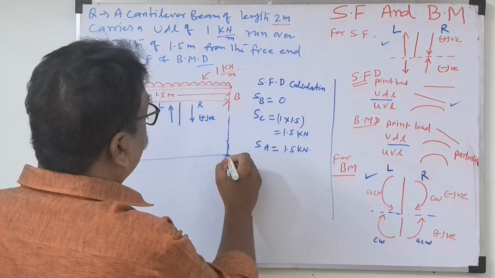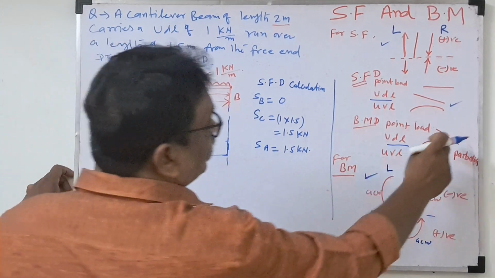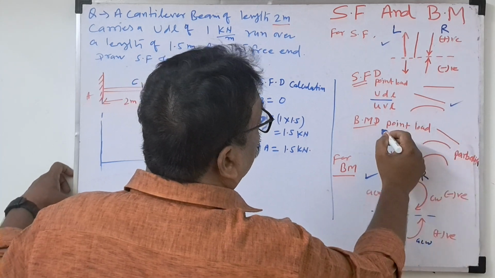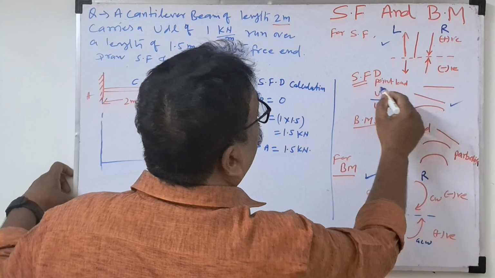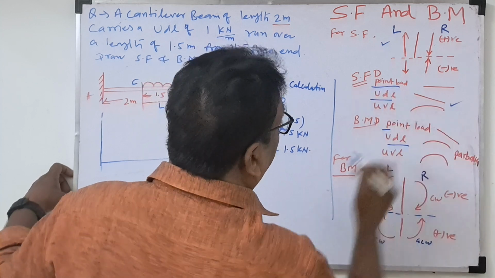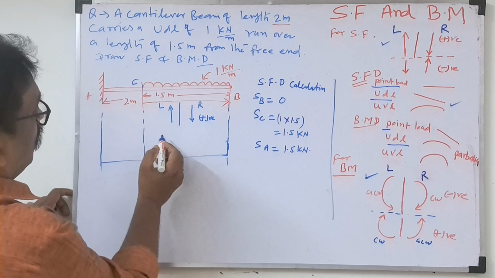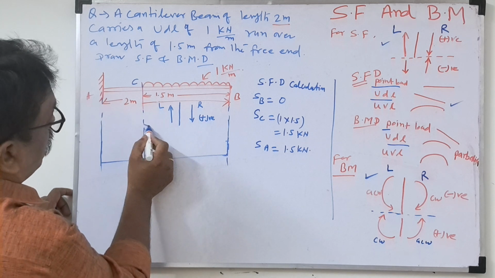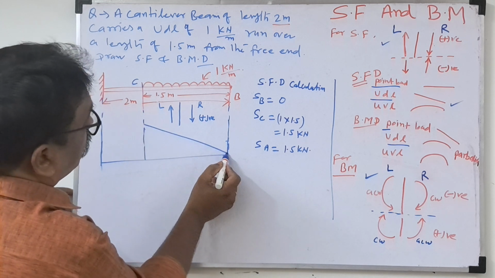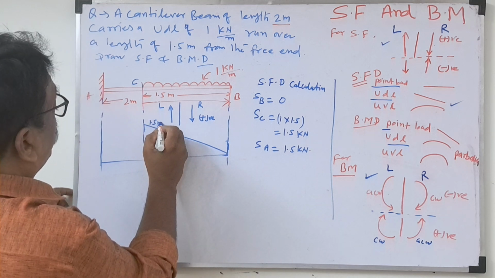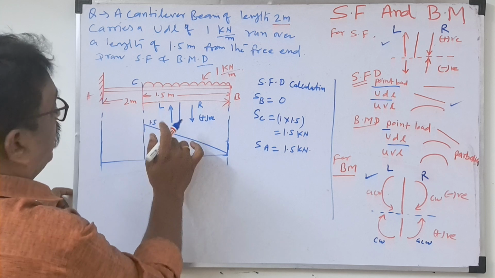From point 0, a UDL means an inclined line, while a point load would give a vertical jump. So up to there we draw the inclined line. What is this length? 1.5 meter, 1.5 kilonewton.